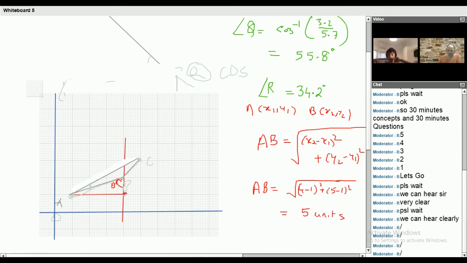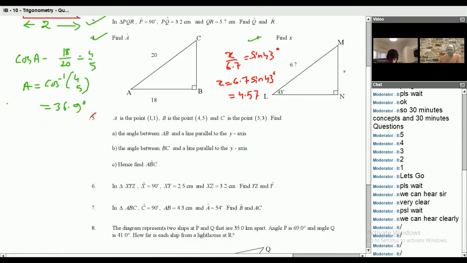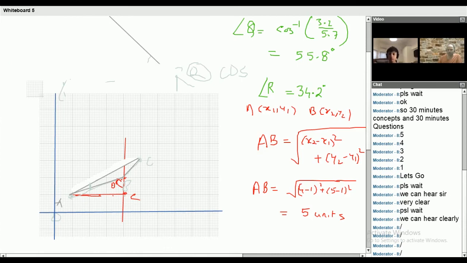Now if we consider this point as C, you can quite easily find out AC. How are you supposed to find out? B is (4, 5). Since AC lies on the same horizontal line, and A is (1, 1), can't we say this point would be C (4, 1)? So AC, quite easily using the distance formula, we get 3 units.